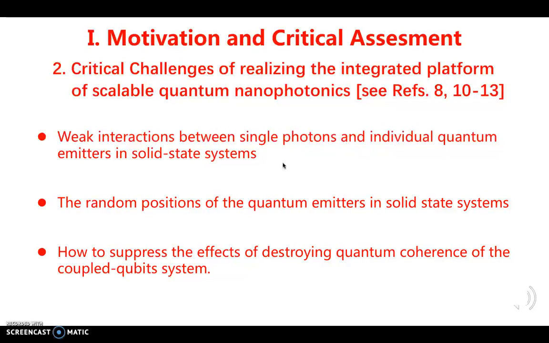And the difficulties include how to suppress the effects that destroy quantum coherence of the coupled qubit systems, such as inhomogeneous distribution, rapid decoherence, and significant spectral diffusion in optical transitions. Also, the random positions of the quantum emitters in solid-state systems make the realization of scalable devices with multiple emitters difficult.